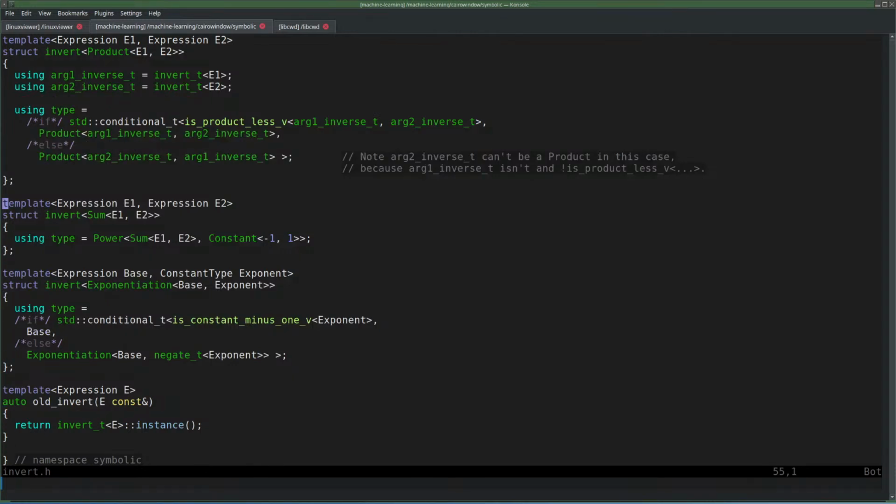The inversion of a sum, yeah, then the whole sum to the power -1. That can't be right. This shouldn't even compile. A power is only allowed to be used on a symbol and a constant, not on a sum.